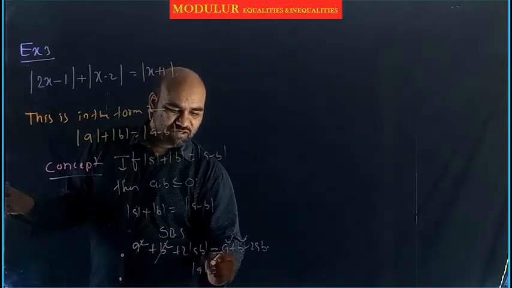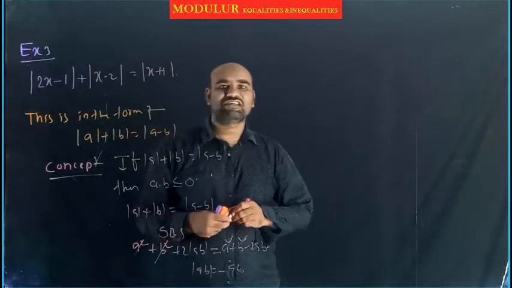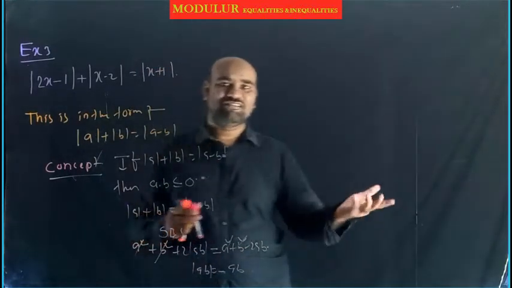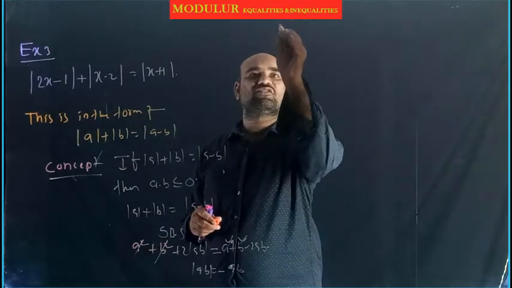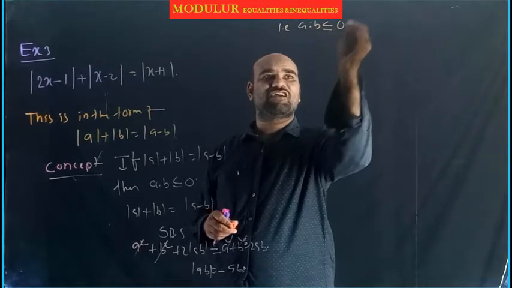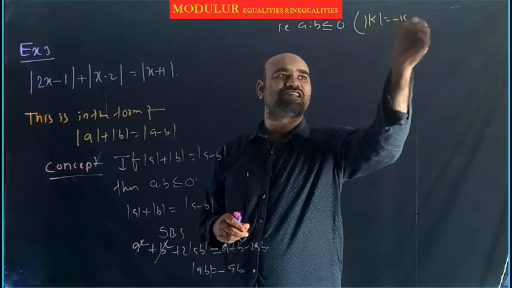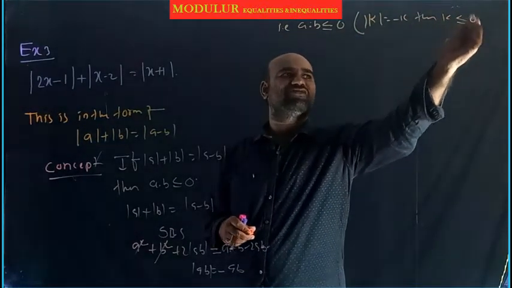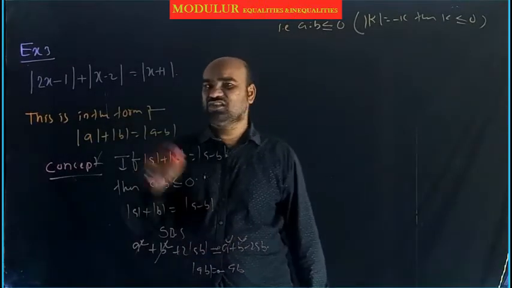Mod ab equal to minus ab. Just like mod k equal to minus k means k lesser than or equal to 0. So that is a into b lesser than or equal to 0. I will write the reason also: mod k equal to minus k, then k lesser than or equal to 0. Okay, this is the property. By using this property, you can solve this problem.